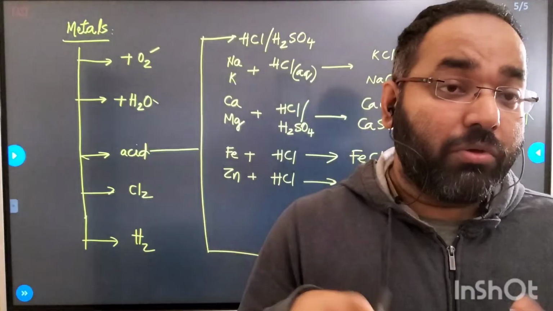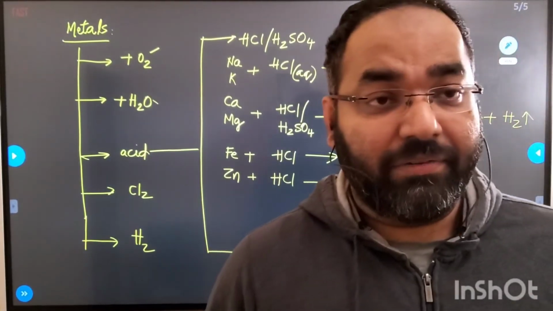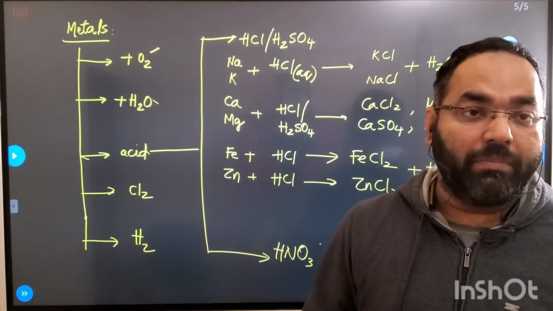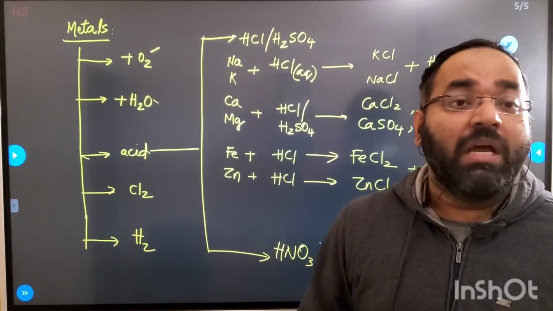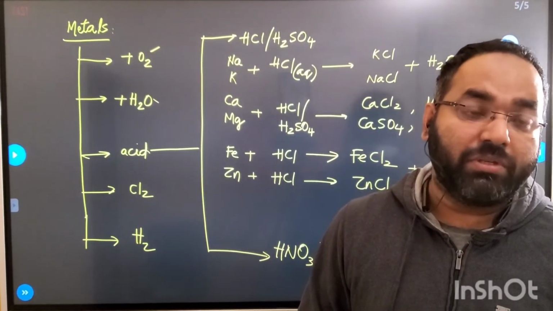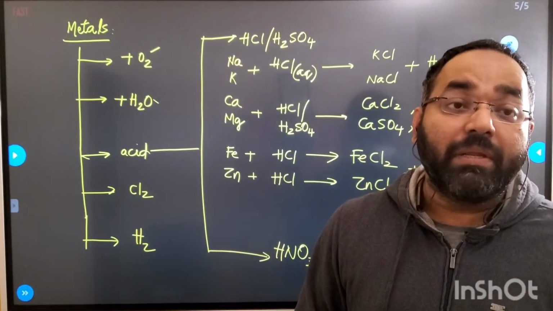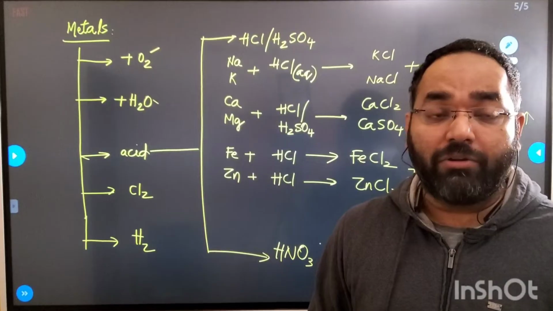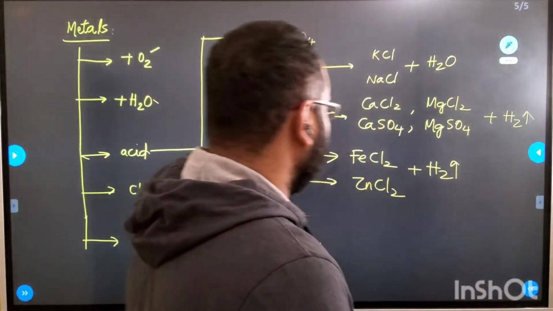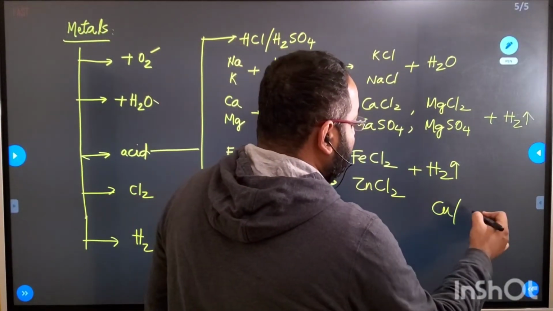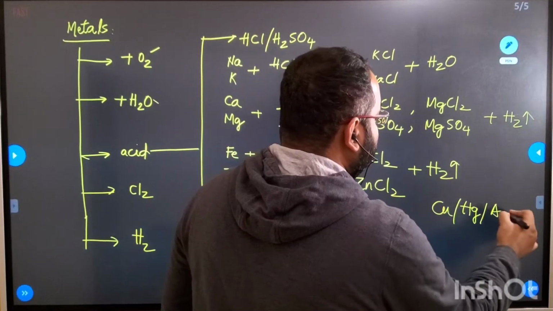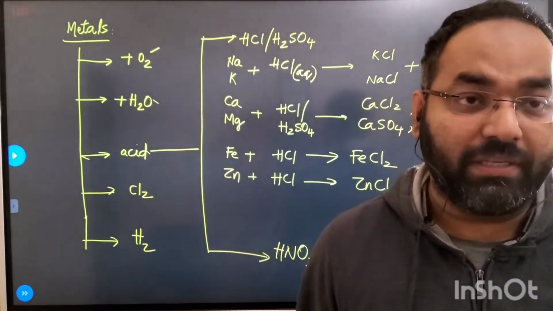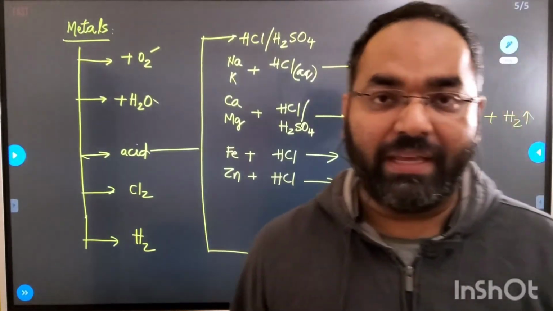However, the moment you go below hydrogen in the reactivity series, for example, weak elements such as copper, mercury, silver, platinum, none of them will react with HCl or H2SO4 in dilute state simply because they cannot displace hydrogen from dilute acids. They all lie below hydrogen, so none of these reactions are going to work. So if you take copper, mercury, silver and all of these, none of them will react with dilute H2SO4 or dilute HCl because they lie below hydrogen in the reactivity series.